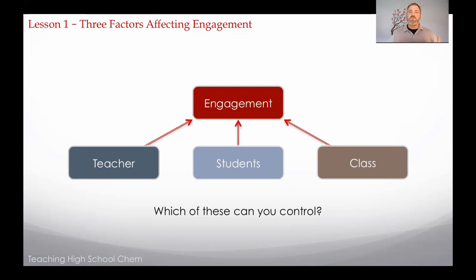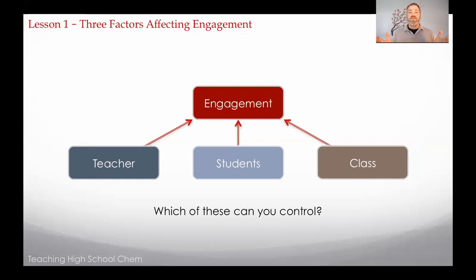When I'm talking about engagement, what I'm talking about is, once again, students being actively engaged in the learning process. And I generally limit this to willing students. I judge and evaluate myself based on how my willing students are doing. If a student is willing to learn and is willing to do the work, that's what I'm looking at.